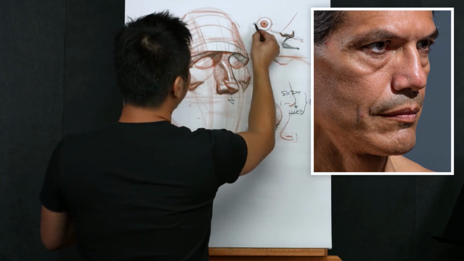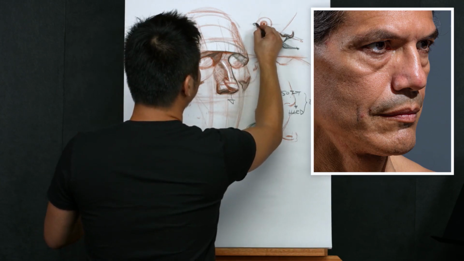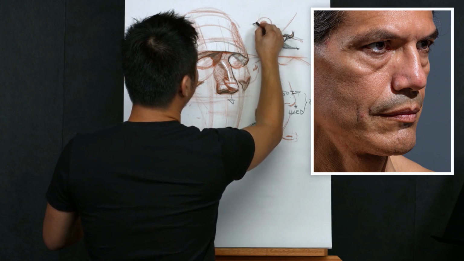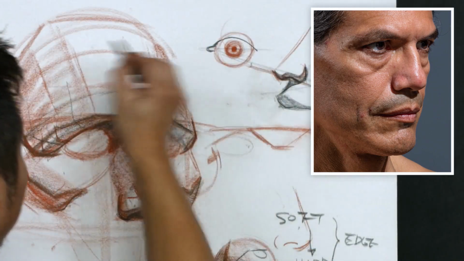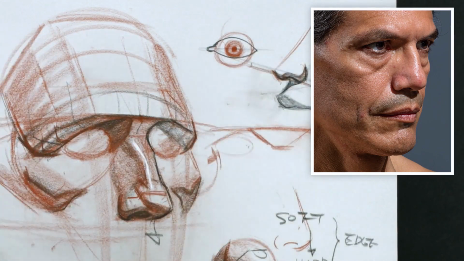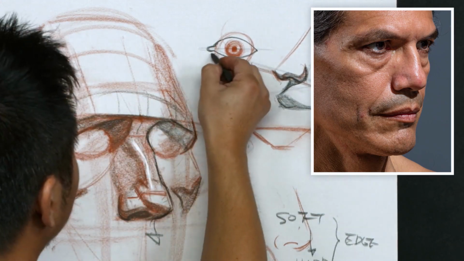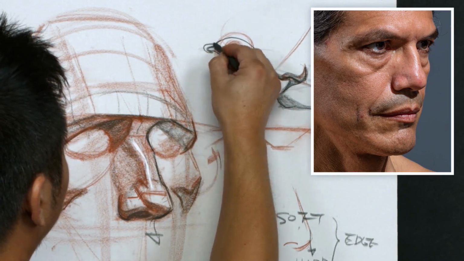So we have the inner rim, which is basically, here's the tear duct, and it's going to wrap over and go outside like this. I'm going to do it one more time, and you're going to swing like this. And then you're going to have a repeated shape, a repeated rim like this.